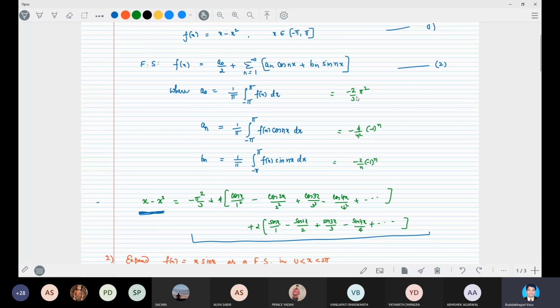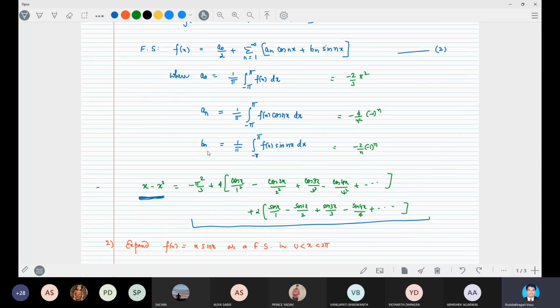After finding the respective coefficients a₀, aₙ and bₙ, we substitute them in the Fourier series, resulting in the function f(x) = x minus x² being equal to this much. It is an infinite series on the RHS, right?